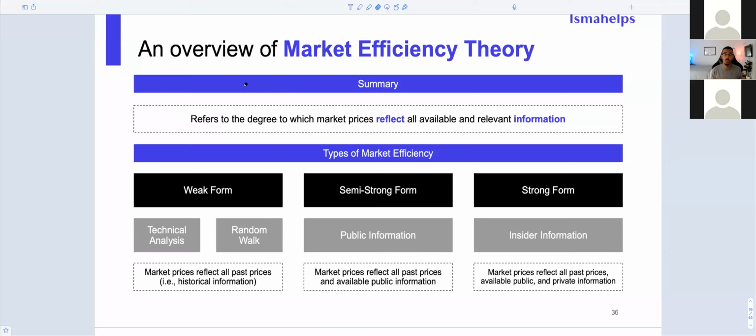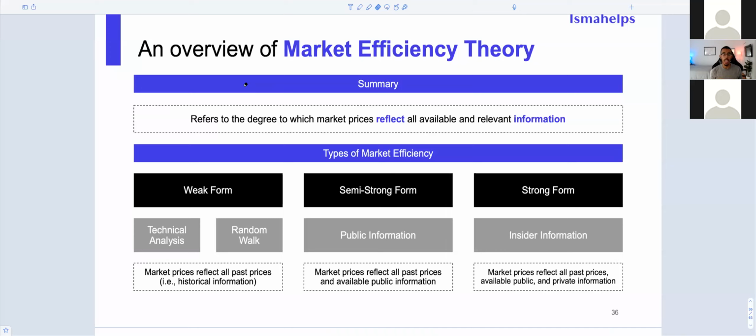Well, public information can be defined as press releases, financial statements, quarterly releases, anything available out in the public eye. And why does that matter? Well, because under a semi-strong form of market efficiency, it is stated that public information could not help investors earn abnormal returns on the stock market.